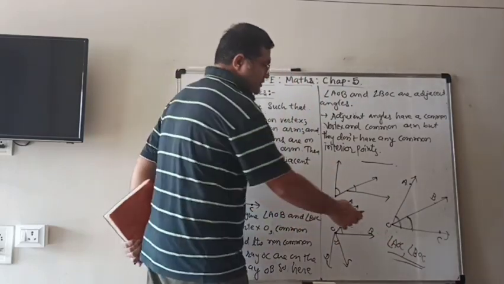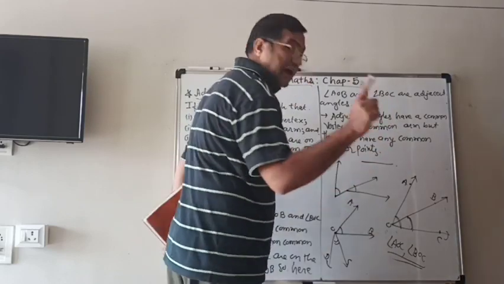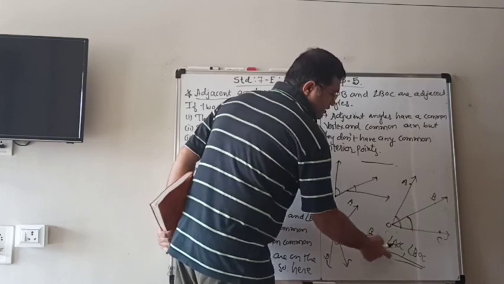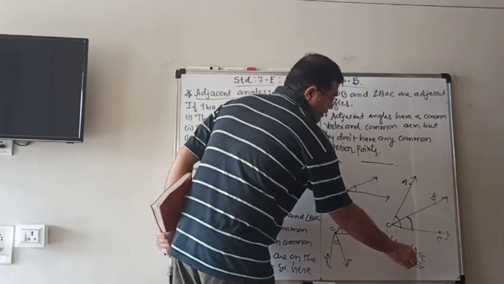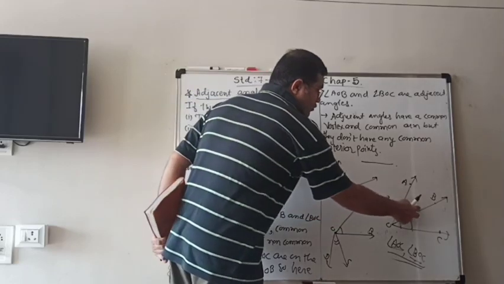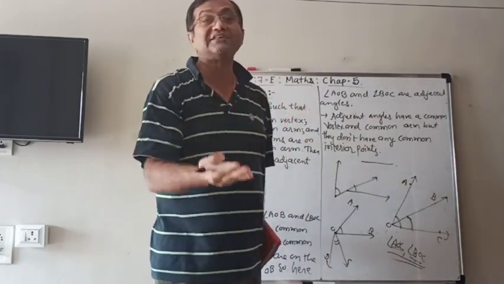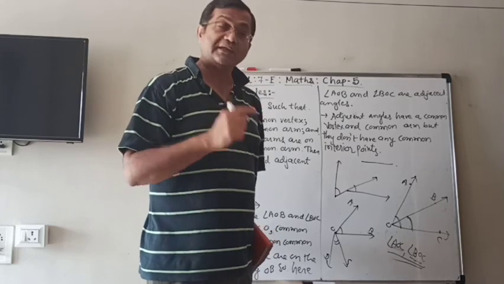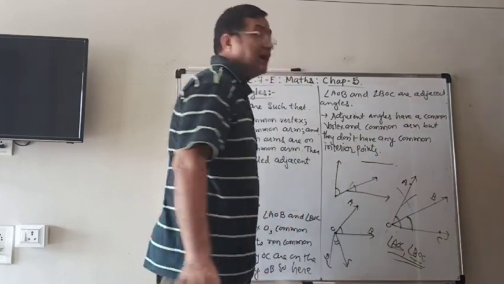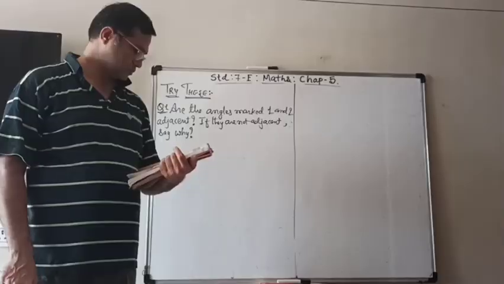They have a common vertex here, O. They have a common arm also. Why? Because OC is in both of them, angle AOC and angle BOC. But the non-common arms are OA and OB. They are on the same side, they are not on either side of OC. And therefore, these are also not adjacent angles. That you have to remember.